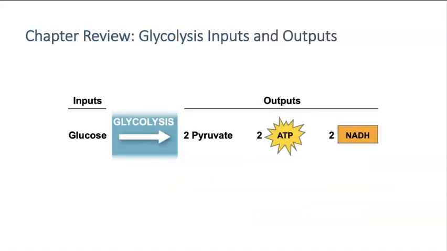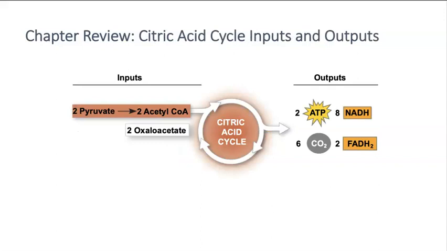So just a really quick review here. I know it's been a lot, but if you look at the summary, it's not so bad. Glycolysis, your inputs are glucose, your outputs are pyruvate, 2 ADP, and 2 NADHs. With the citric acid cycle, our inputs are 2 pyruvates, which get changed into 2 acetyl-CoAs.